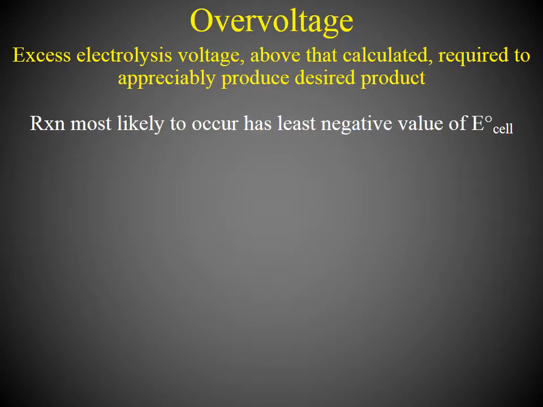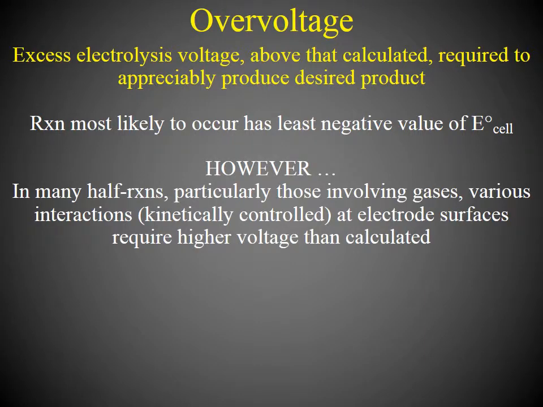So, as you well know, the reaction with the least negative value for the half reaction potential is the reaction that is most likely to occur. However, in many half reactions, particularly those involving gases, because of kinetic control at the electrode surfaces, a higher voltage than calculated is required in order for the reaction to proceed.